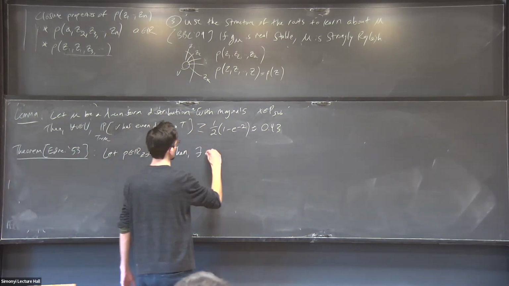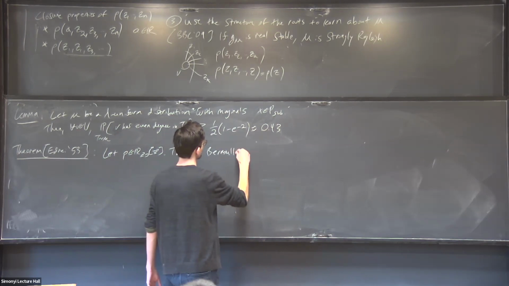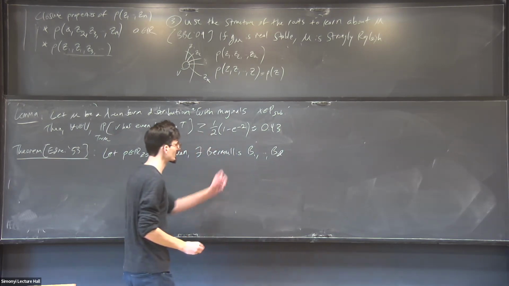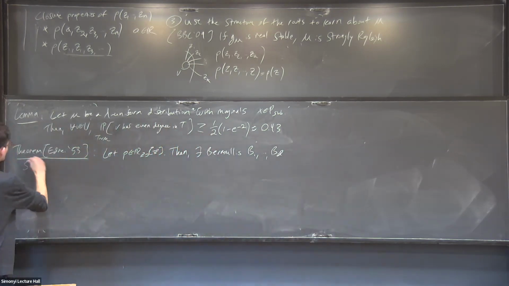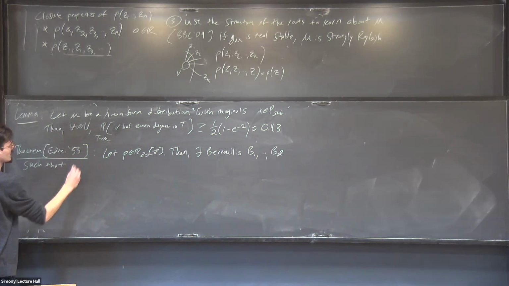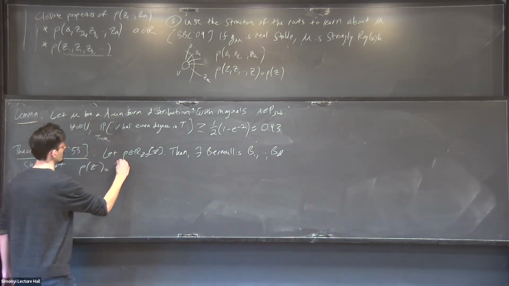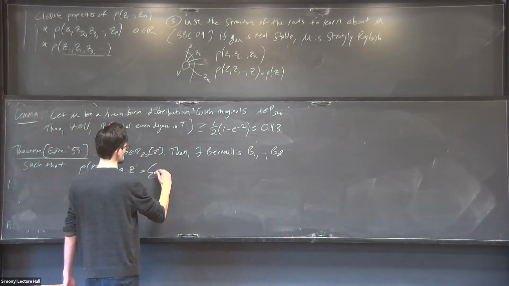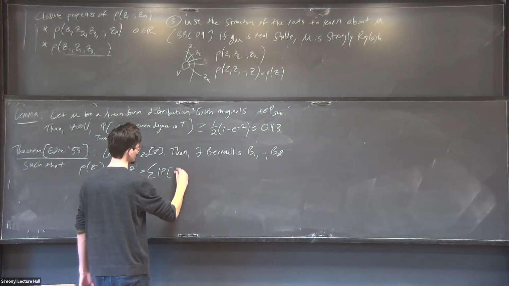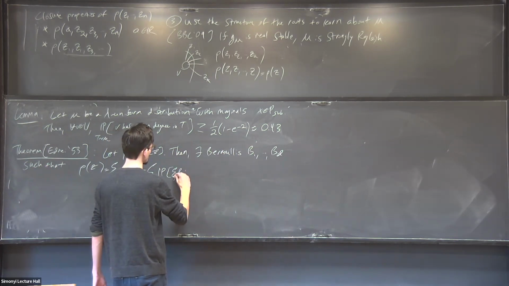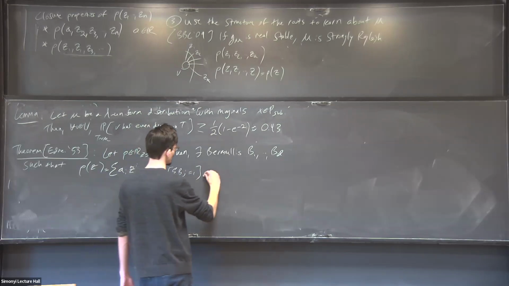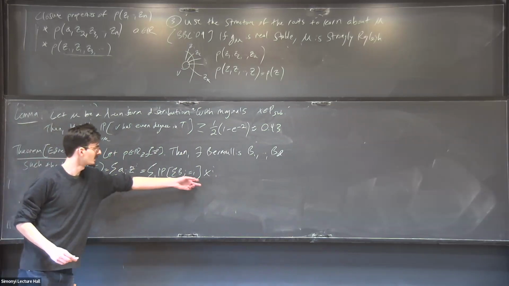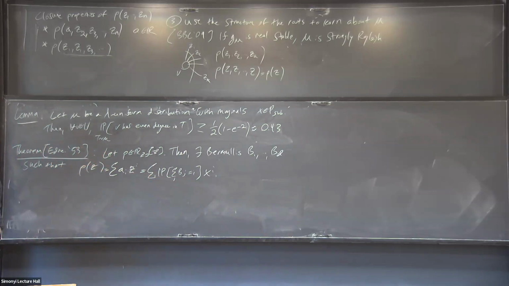Then there exist independent Bernoulli random variables, B1 through Bd, where d is the degree of this polynomial, such that I can rewrite P of z, the sum of a_i z^i, as equal to the sum of the probability that the sum of the Bernoullis is equal to i, times z^i. In other words, the coefficients of this polynomial are fully described by these independent Bernoulli random variables.